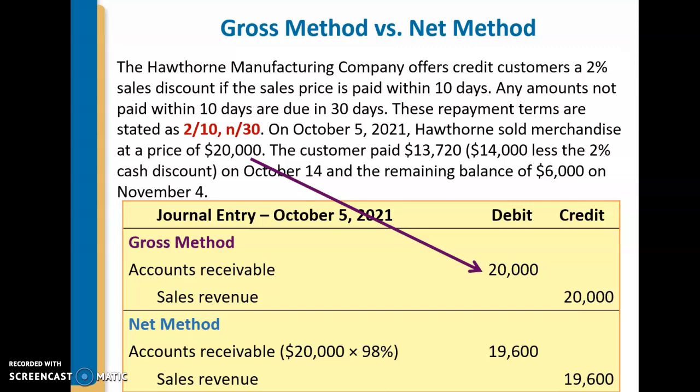Under the net method, though, we're going to make the assumption that the amount we expect to receive is only $19,600. We are assuming that the customer will take the 2% discount. Therefore, we debit accounts receivable for the net amount, $19,600, and credit sales revenue for the net amount, $19,600.